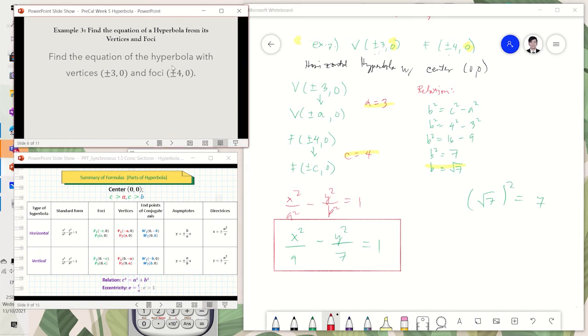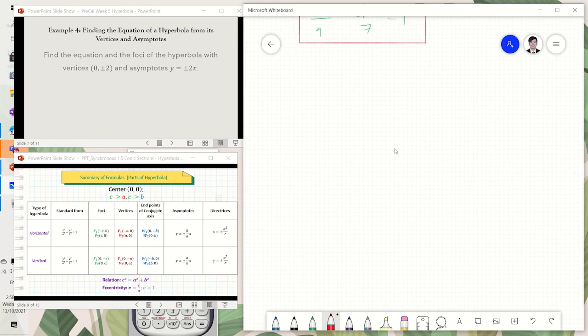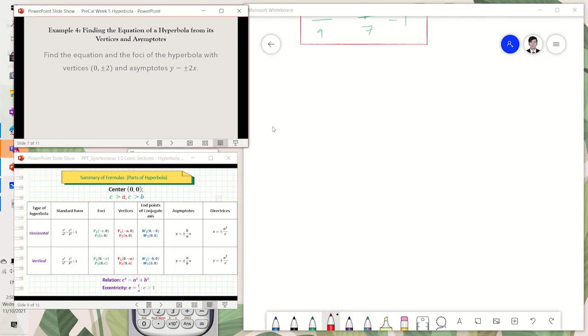Okay, now let's continue with example 4. In our example number 4, you're now given the foci and the asymptotes. So how will you get the answer for that? Okay, similar process. You will notice that first of all, your x coordinate for the vertex is 0, but the y coordinate changes.